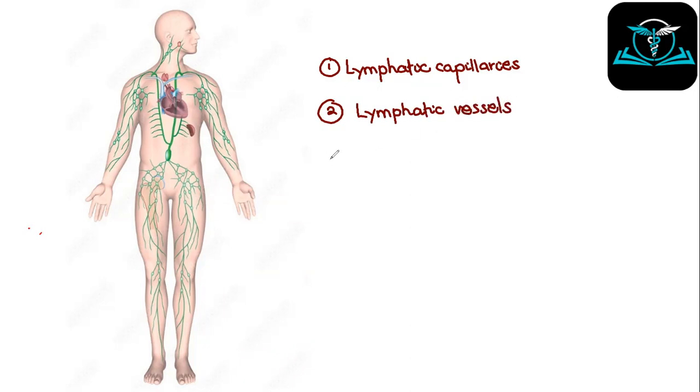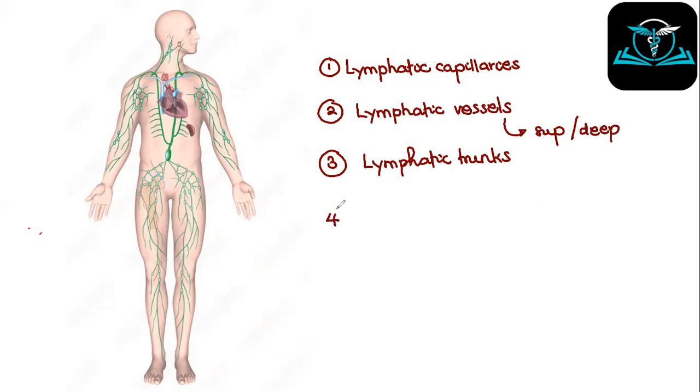From the lymphatic vessels, the lymph ends up in lymphatic trunks. As a reminder, we have the superficial and the deep lymphatic vessels, and they dump their lymph into the trunks. Finally, the lymph ends up in lymphatic ducts, which are the highest level of the lymphatic system, because it's the lymphatic duct that will eventually dump the lymph into circulation.